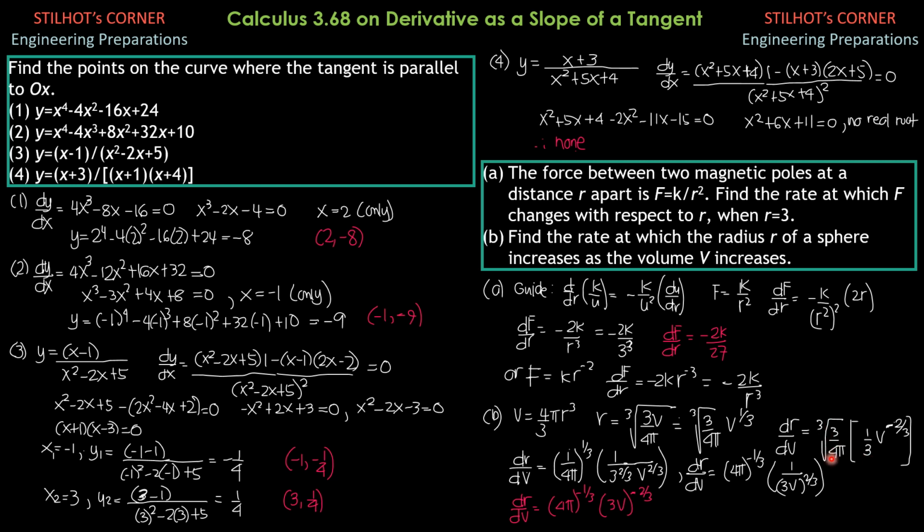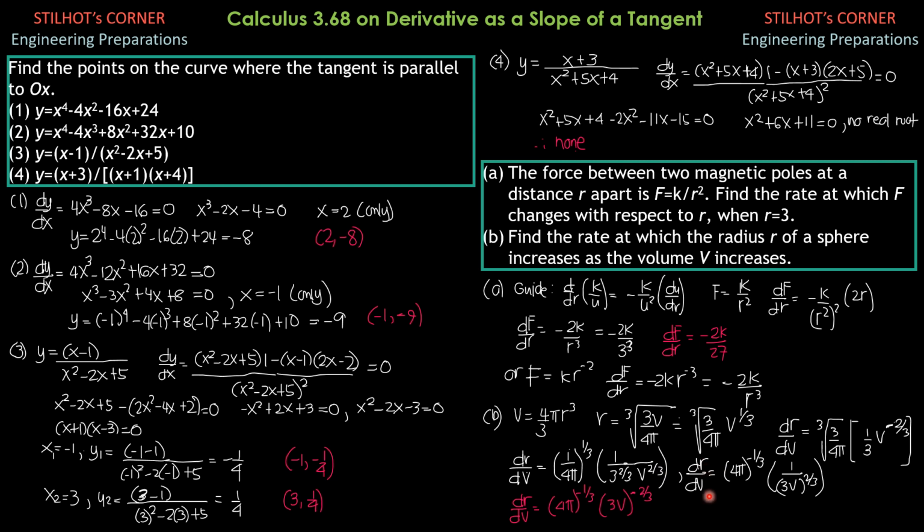Then this constant reduces to 1 over 4 pi, quantity raised to 1/3. So simplifying, we have 1 over 4 pi raised to 1/3, then 1 over 3 to the 2/3 as explained there, and making the power of V positive, we have V to the 2/3.